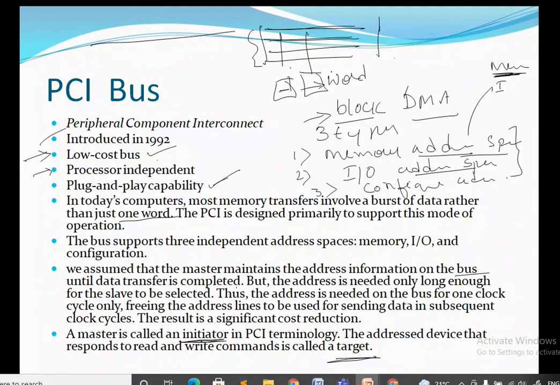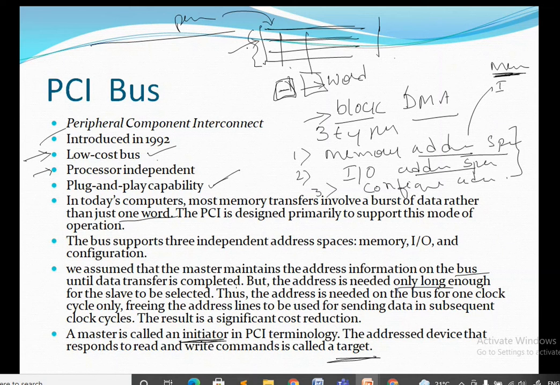Instead of that, we are going to assume that the address is needed only as long as the slave is selected. Just concentrate here. Consider the processor is requesting data from the input device. It will send the address of the device and control information.